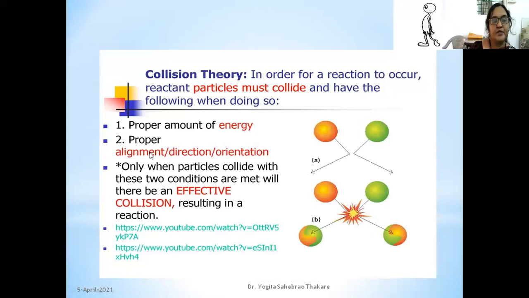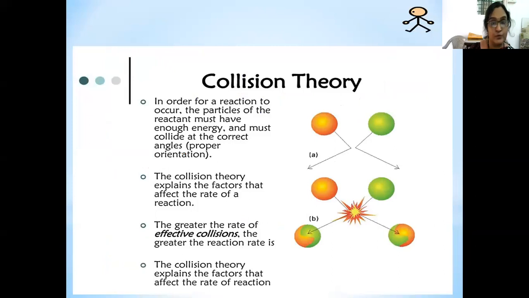Now when two molecules collide, the collision energy must equal the activation energy, and they must collide with the proper orientation. When these two conditions are satisfied, that collision is called an effective collision, and the product is formed only by effective collisions.